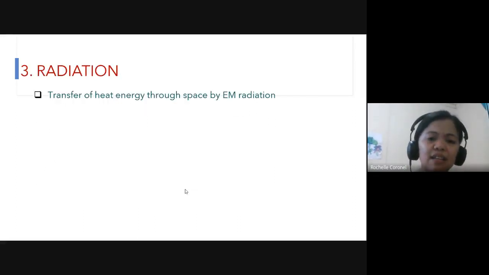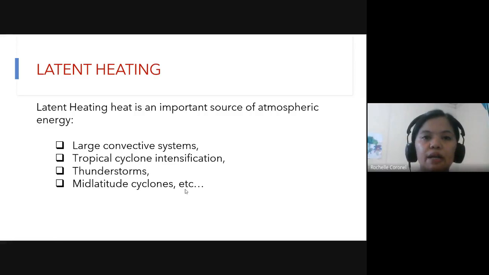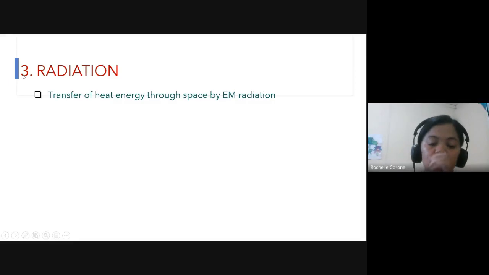Latent heating is very important to atmospheric processes because it gives out energy to atmospheric systems. For example, large convective systems, tropical cyclone intensification, thunderstorms, mid-latitude cyclones. These systems can be energized or weakened by several processes that release latent heat.